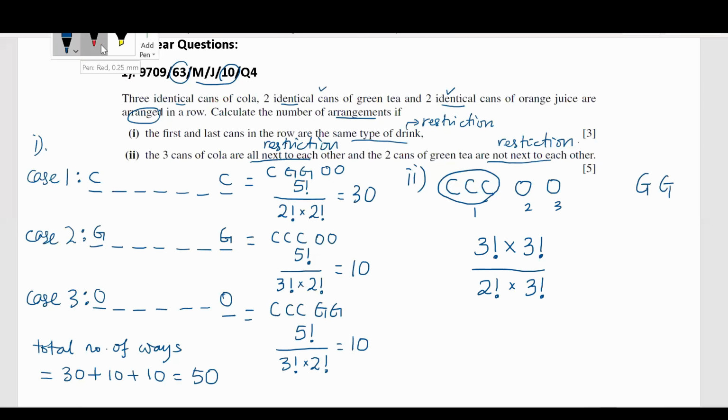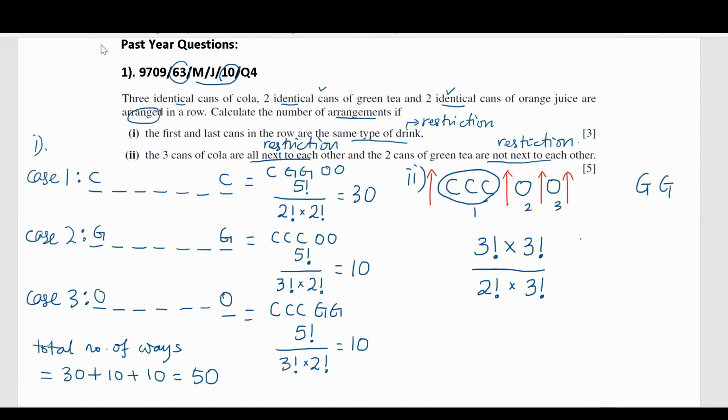to consider the green tea, as the question wants them not to be next to each other, I put an arrow in between these letters, the spaces in between these letters, and you can see that I have 4 red arrows here.